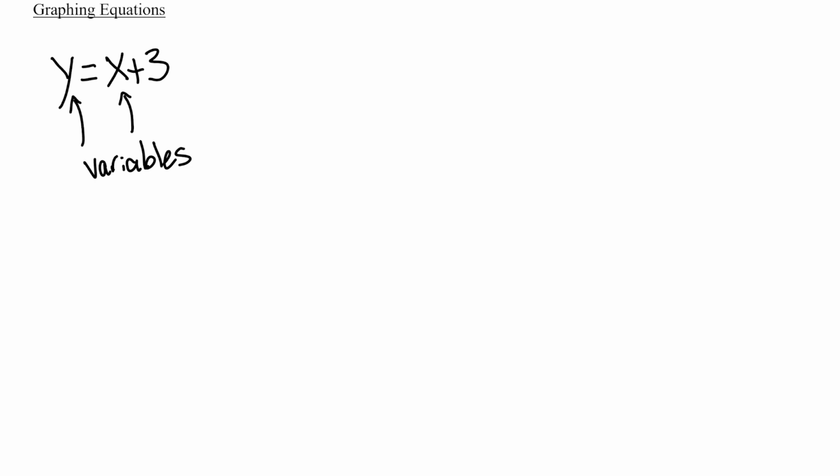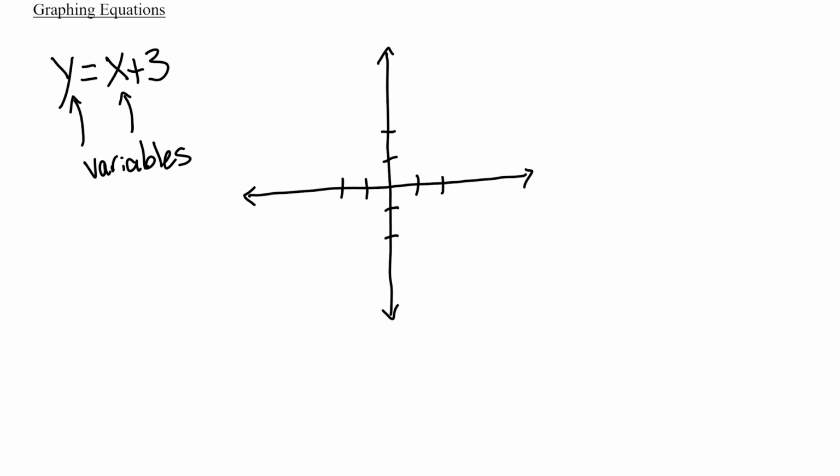So let's go ahead and draw a graph here. We're just going to make the tick marks 1. Like I said in the last video, if you don't write anything there, it implies that the tick marks all represent 1 unit.